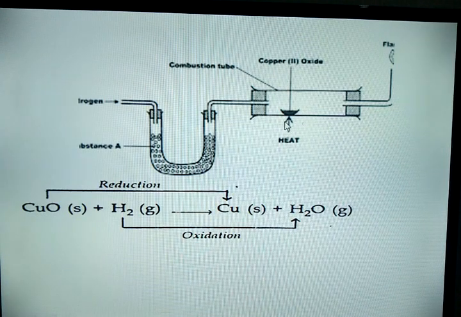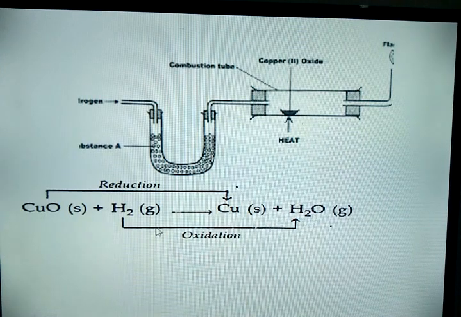So the conditions for hydrogen to react with copper 2 oxide are two. Number one, copper 2 oxide must be heated. And the second condition, hydrogen must be dry. Okay? So copper 2 oxide will be reduced by hydrogen to form copper and water.